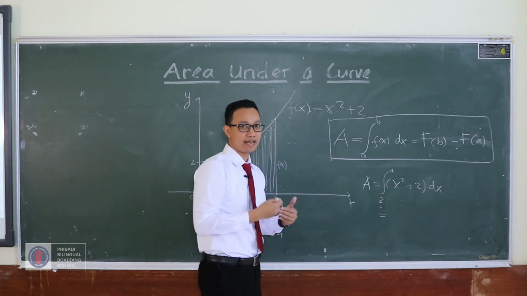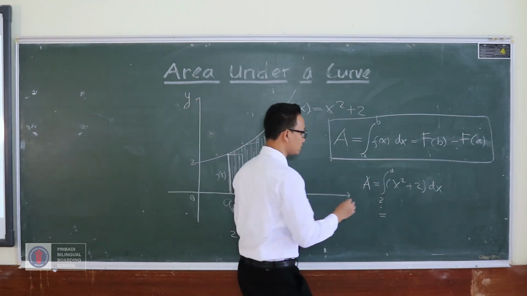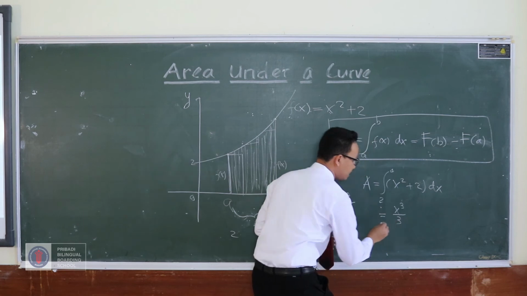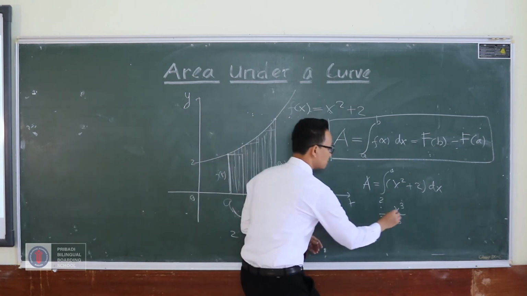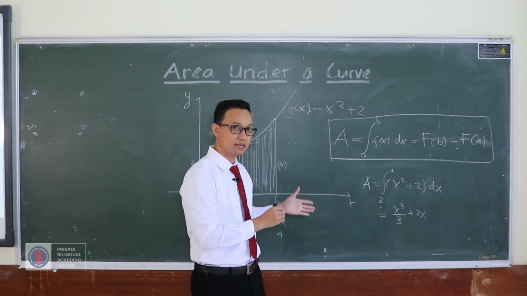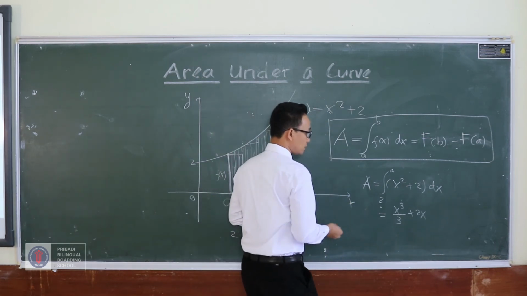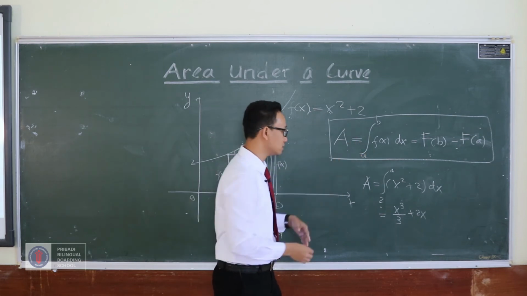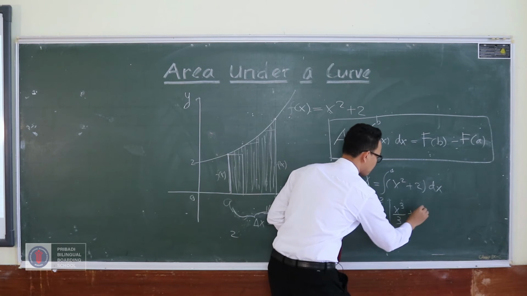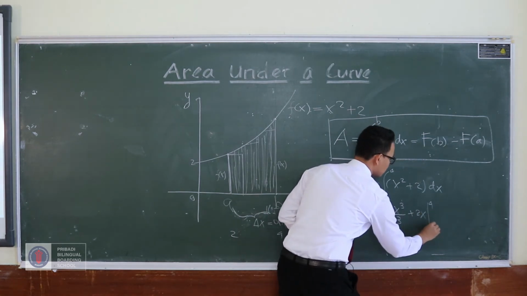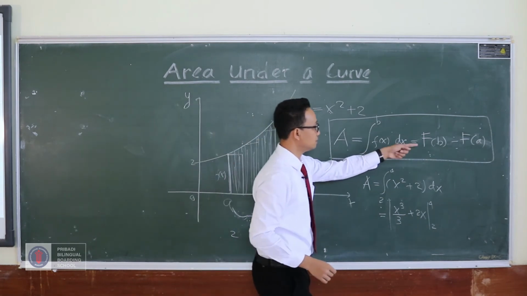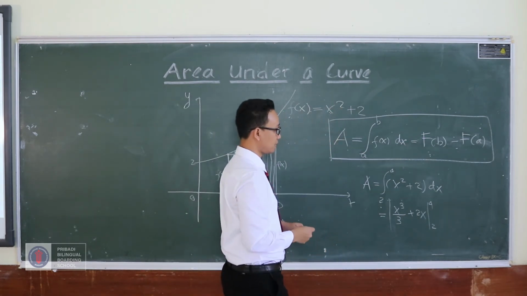So the integration of x squared plus 2, you already know, right? It should be x cubed over 3 plus 2x. All right, so this is the result of integration. Since this one is a definite integral, we can put the boundaries 2 and 4 like this, and then apply this formula.